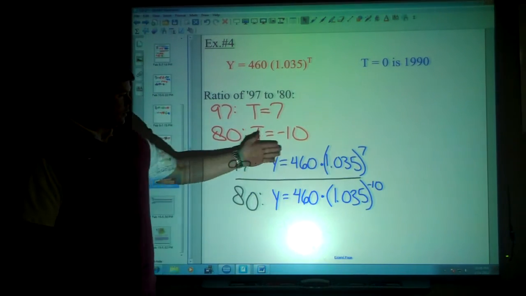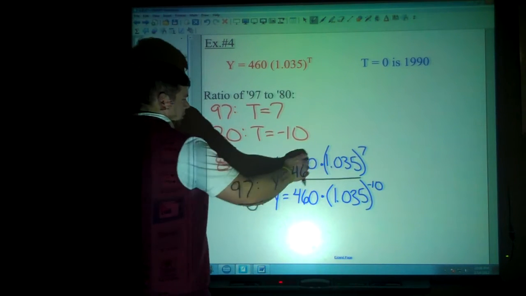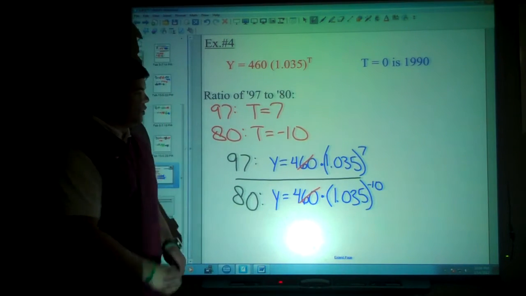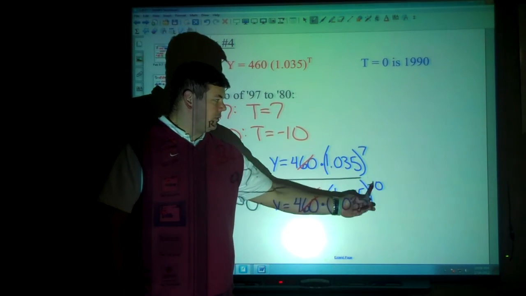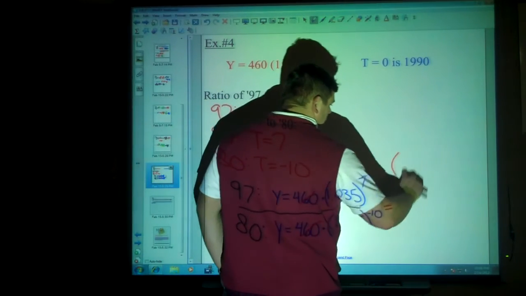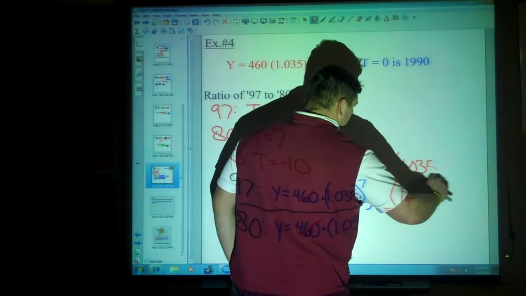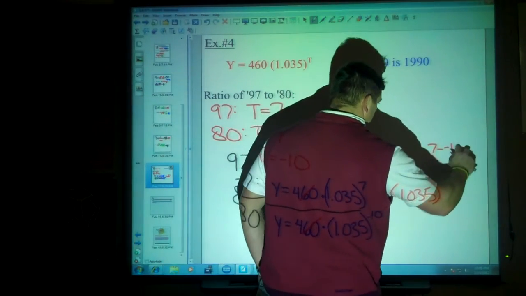So in reality, the 460s can cancel out. So we know that they won't be involved in the problem. And you've got the same base with different exponents. So you should be able to say that that's really 1.035 to the 7 minus negative 10.